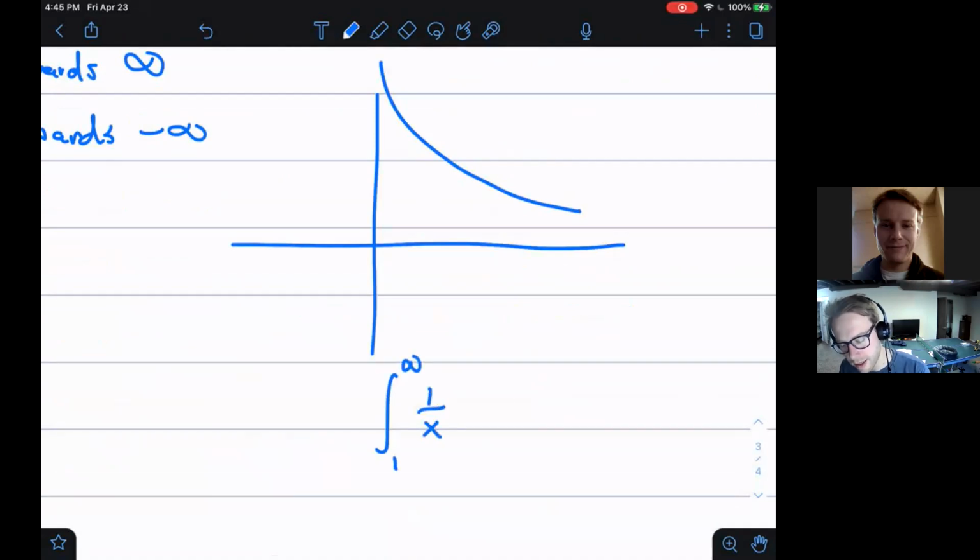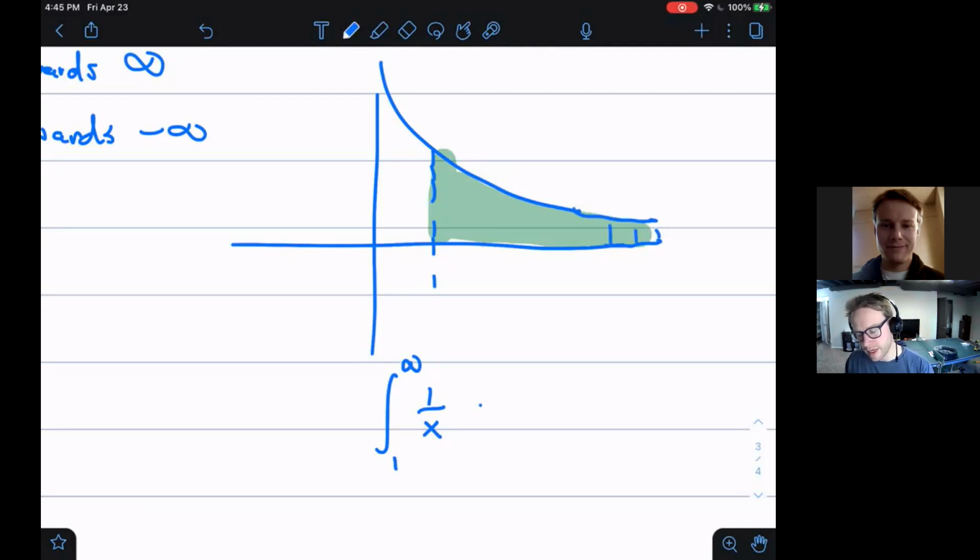So here's maybe 1. And if we were to add up all of this area, even though it has infinite length here, you're adding smaller and smaller values. These heights are getting smaller and smaller. They're getting closer and closer to 0.